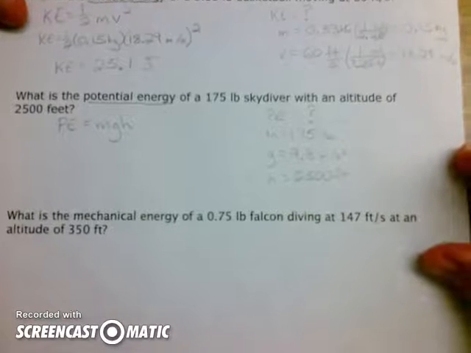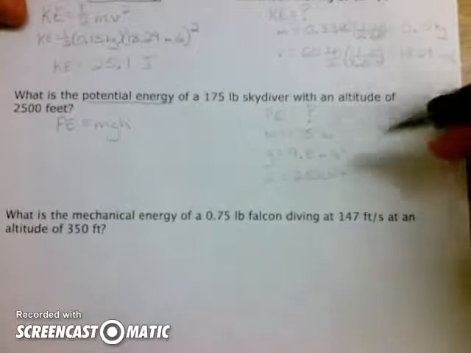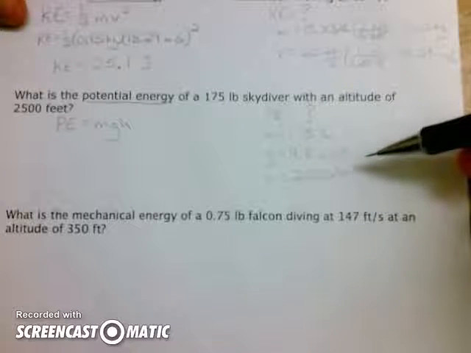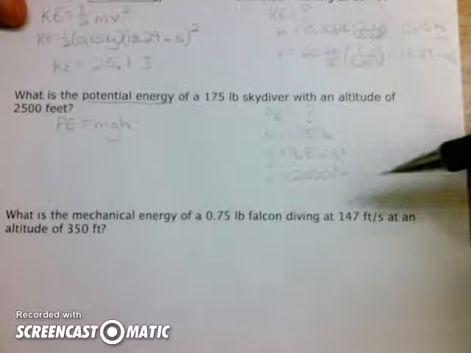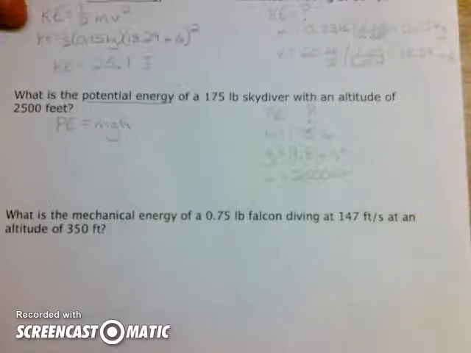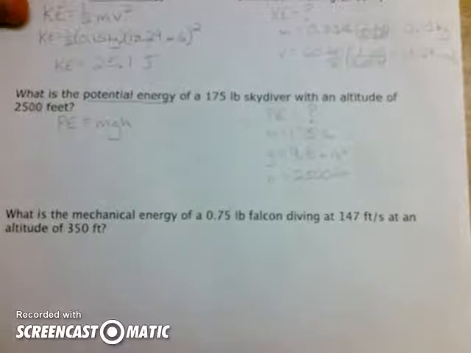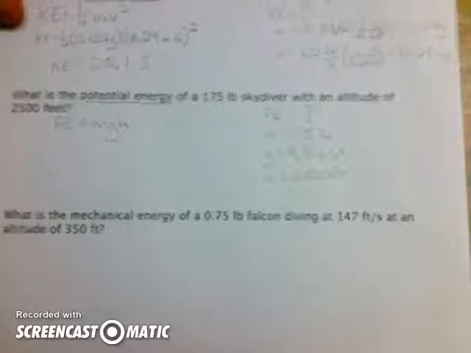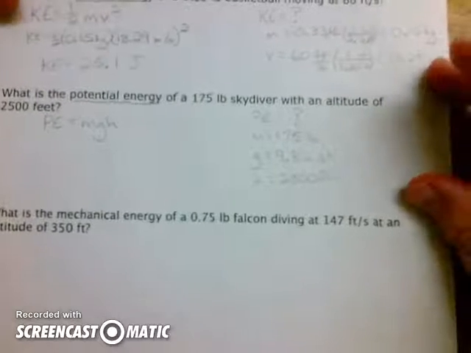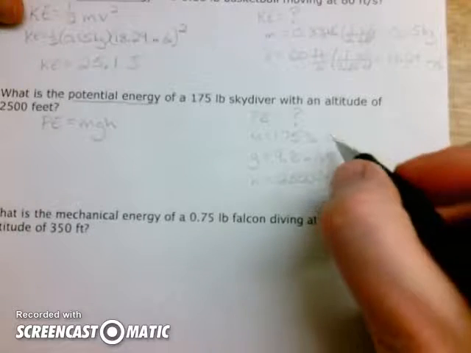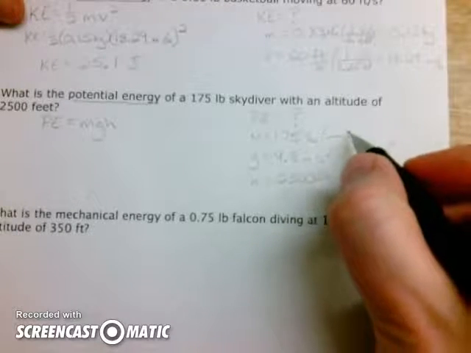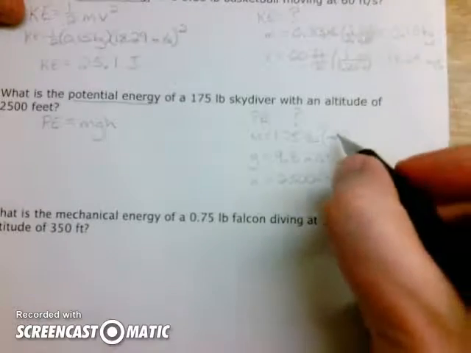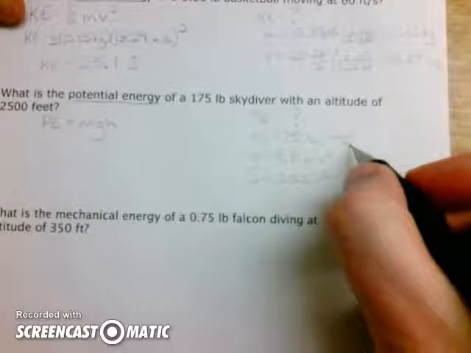Now one thing with this problem is we've got English units and metric units. We need everything in metric units to solve the problem, so we need to get away from pounds and feet and get to meters and kilograms. So we can convert our pounds to kilograms. Pounds goes on the bottom, so those will cancel.